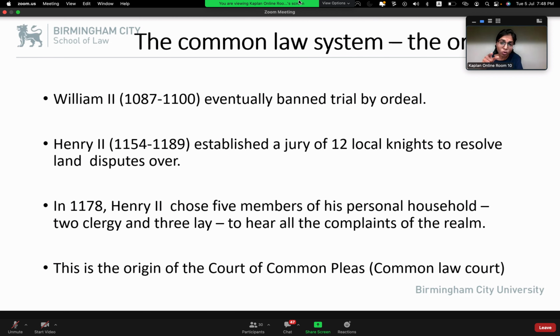Because they were already creating a system. These judges applied the same principles to all common people. So the same principles became a common practice, right? That is how the name common law developed. The laws, the rules were common to everybody. Okay?